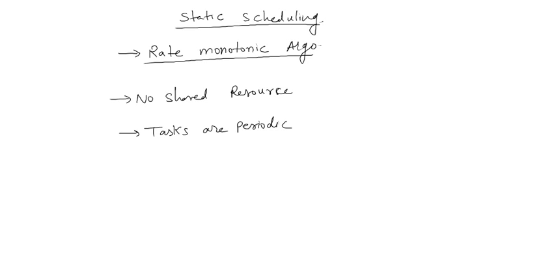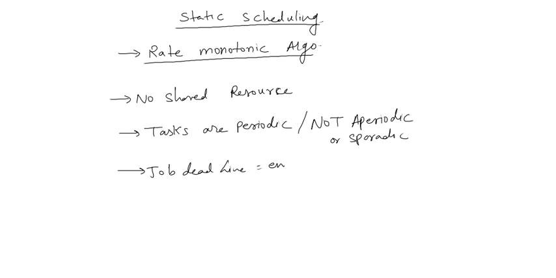So you assume that tasks are periodic, not sporadic or aperiodic, and the task deadline is the end of the period. End of period means another job can start once the deadline is completed.